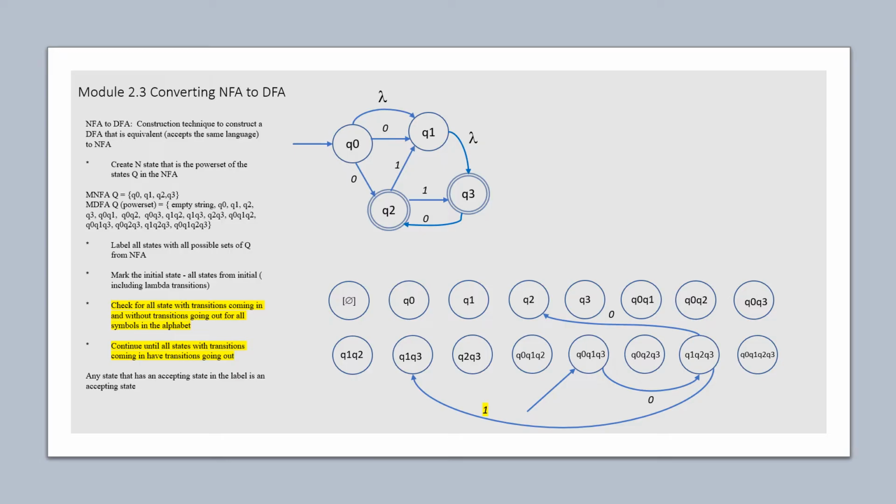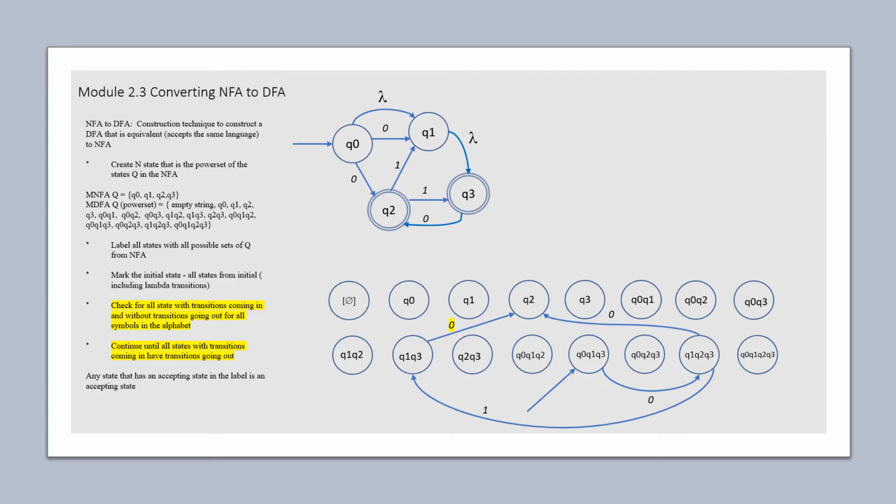So we have to continue until we no longer have any going in and none coming out. So the next one, I'm not sure which one I did next, so let's check. All right, so from Q1, Q3 with a 0, you can get to Q2. And then we just have to check from Q2 with a 0, nowhere.